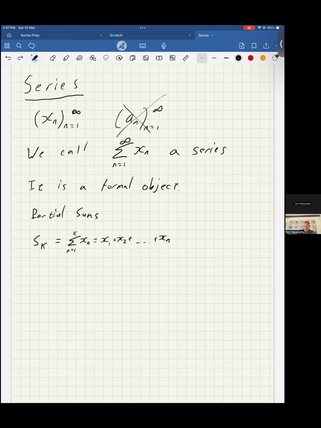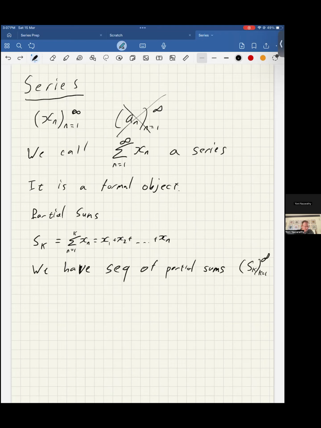And since we have these partial sums, we also have the sequence of partial sums, S_k, k going 1 to infinity. So this sequence is created by the sequence x_n, right? Because if I know the first 15 elements of x_n, I know what the 15th element of S_k is.